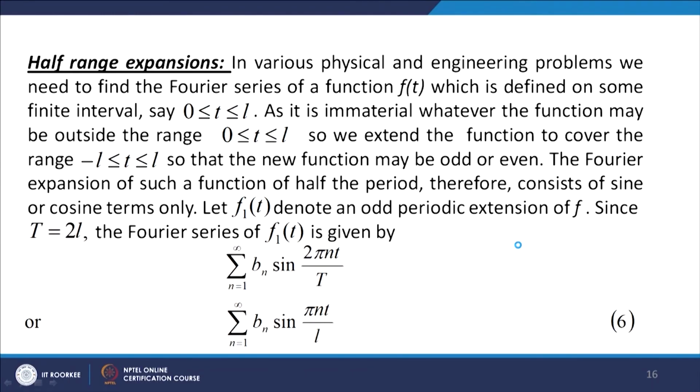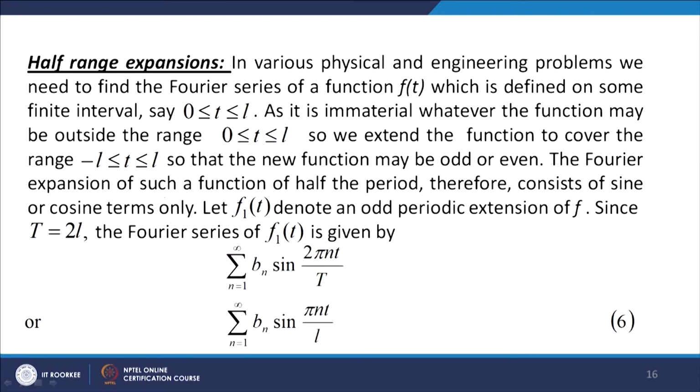Now, half range expansion. In various physical and engineering problems, we need to find the Fourier series of a function f(t) which is defined on some finite interval, say 0 less than or equal to t less than or equal to L. It is immaterial whatever the function may be outside this range. So, we can extend the function to cover the interval minus L to L, so that the new function may be odd or even.